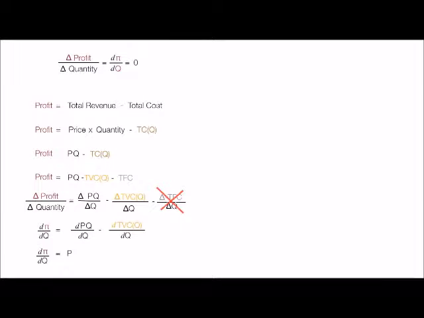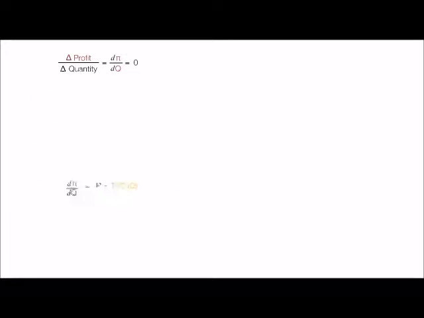The first derivative is P on the first part minus TVC prime as a function of quantity. Now I set this equal to 0 and I solve. The first derivative of the total cost curve is marginal cost.